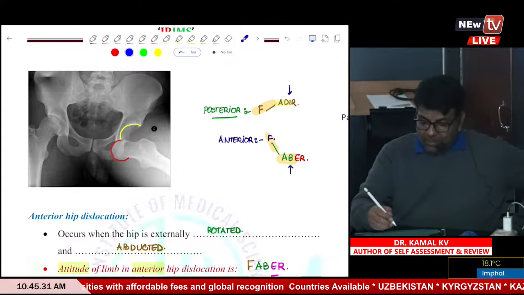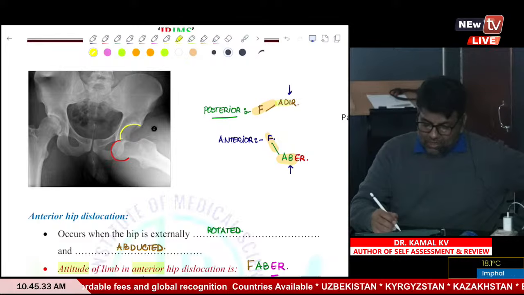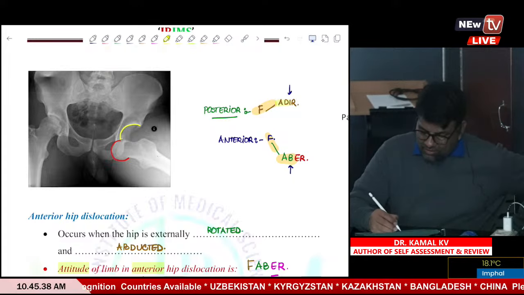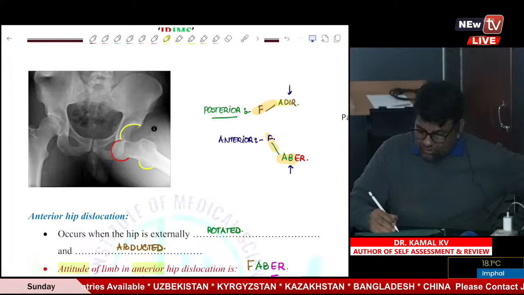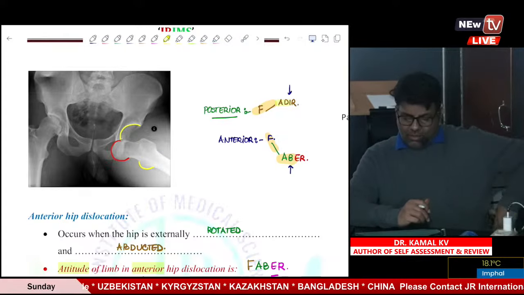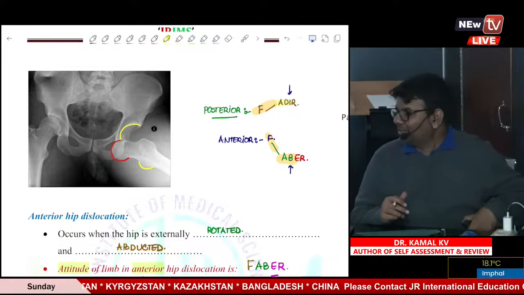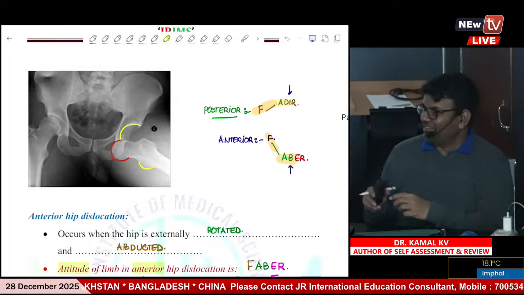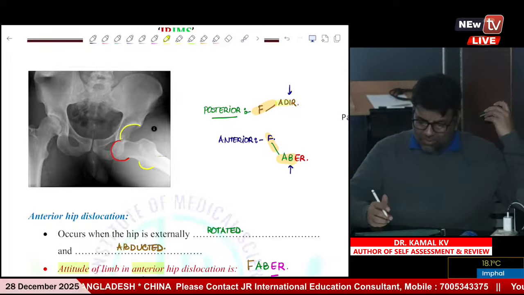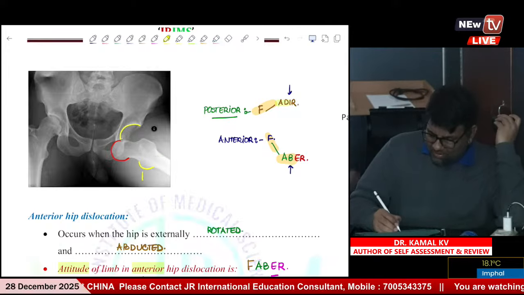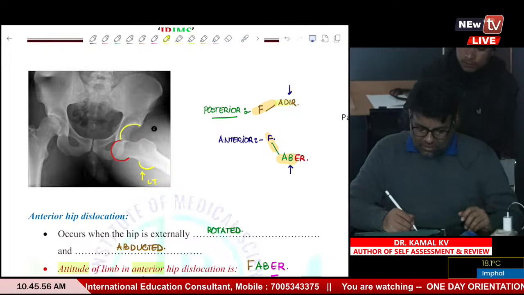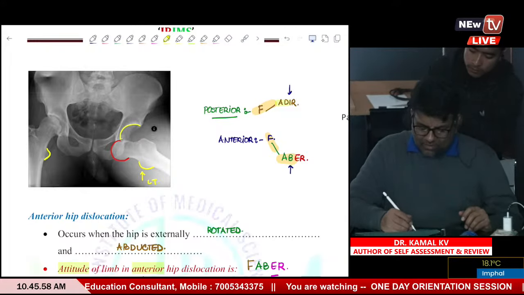But how to say whether it is anterior or posterior? For that you have to check which landmark? The lesser trochanter. Just compare it with the other side.